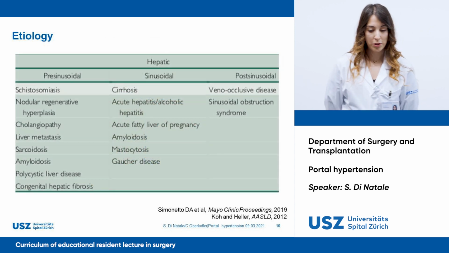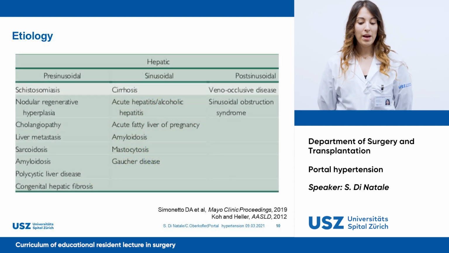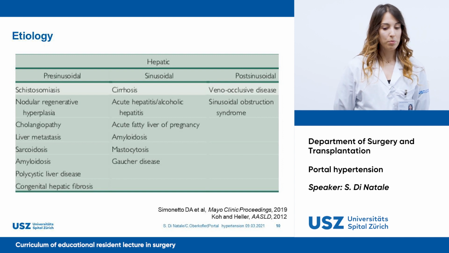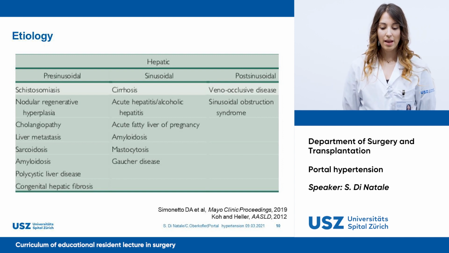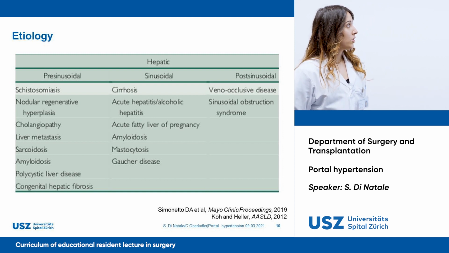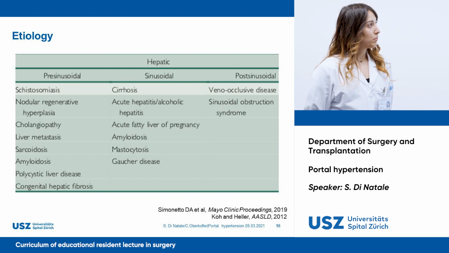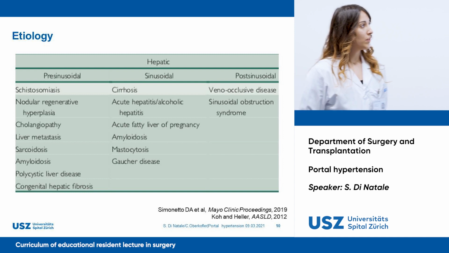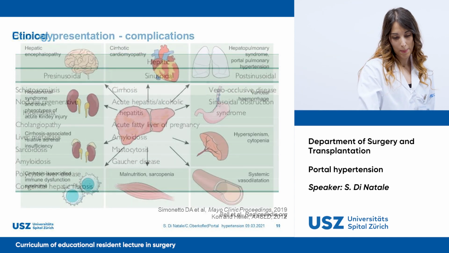Now, intrahepatic portal hypertension is driven by a high vascular resistance at the pre-, post-, or sinusoidal capillaries. The main causes are cirrhosis, schistosomiasis, mostly in developing countries, as well as veno-occlusive disease.